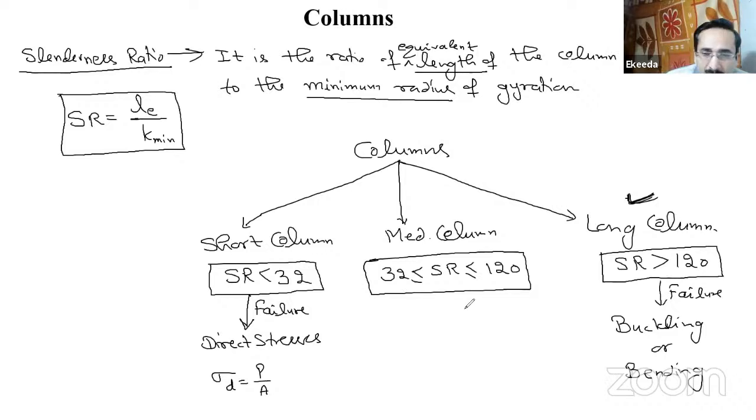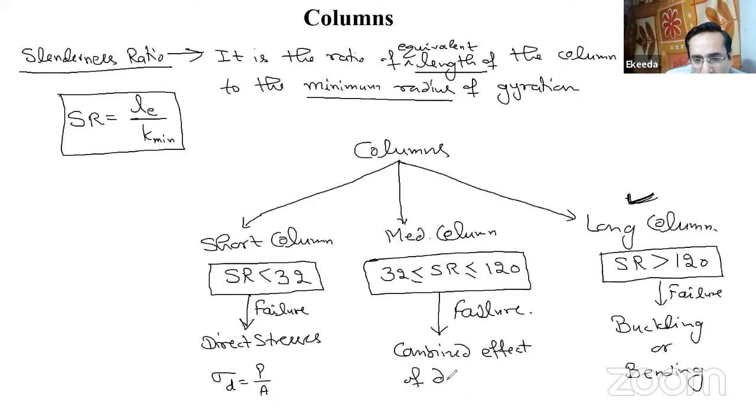In the medium column, the failure may take place due to the combined effect of direct stresses and bending stresses.